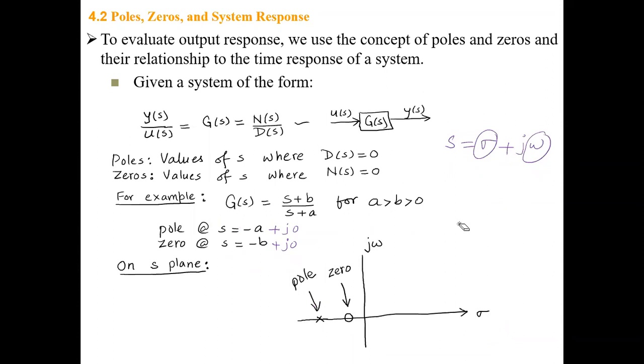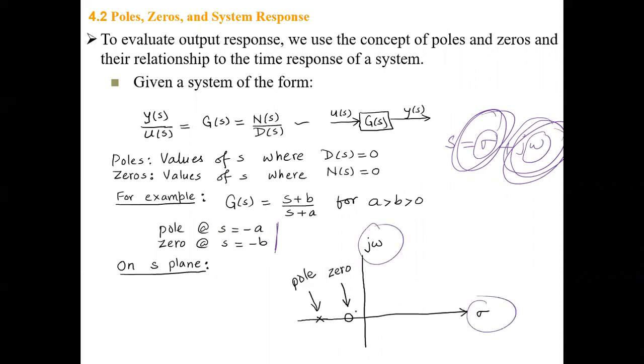Because this is your y-axis and this is your x-axis, you don't have the imaginary part. Thus you have the real part only, because remember, a and b are both real. That's why when you plot on this plane, remember a is greater than b.